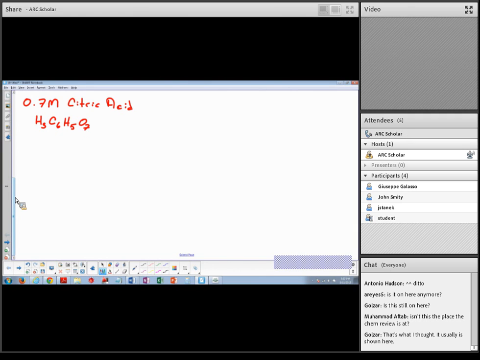Okay, so this is a triprotic acid. It's got 3 protons that can come off.